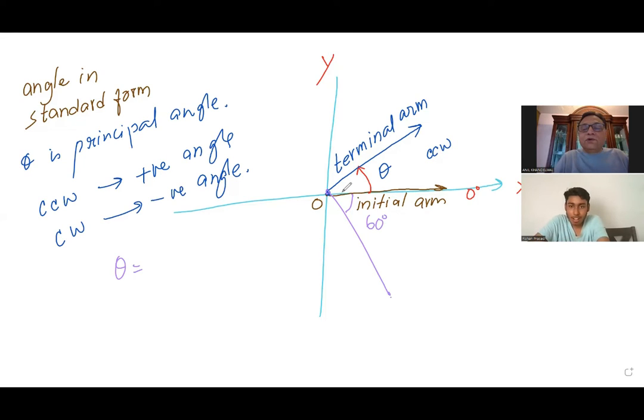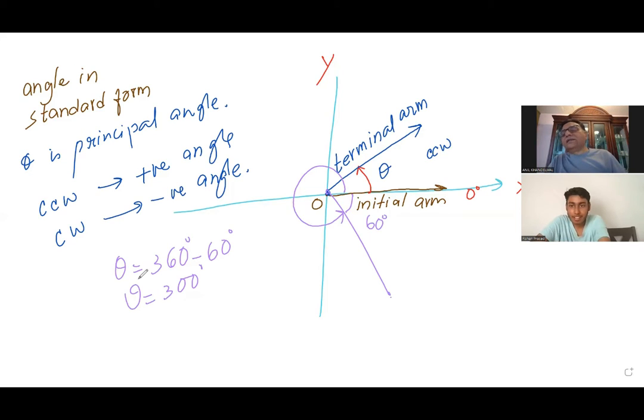Okay. And if I want to write it positive, then how much will it be? If you want to do it positive, then it will be 300 degrees because you do 360 minus 60, because 360 is a full rotation. So you will say this is 300 degrees positive, correct? But yes, you are right. You could also say minus 60 degrees. Perfect. Because it went clockwise.